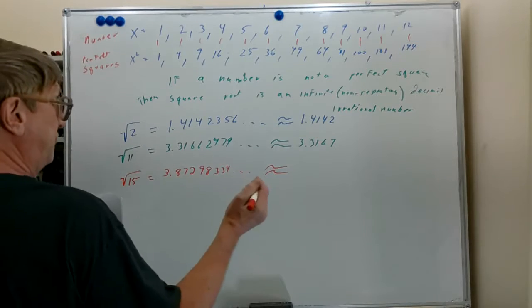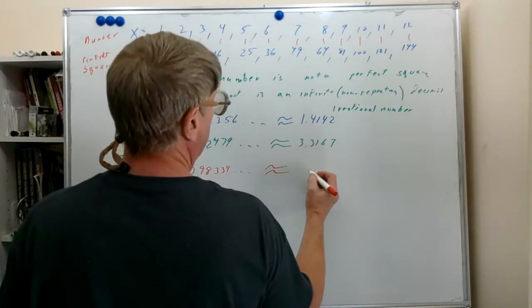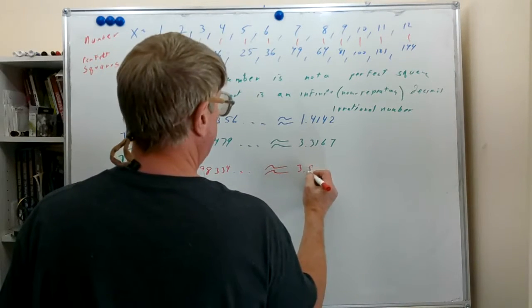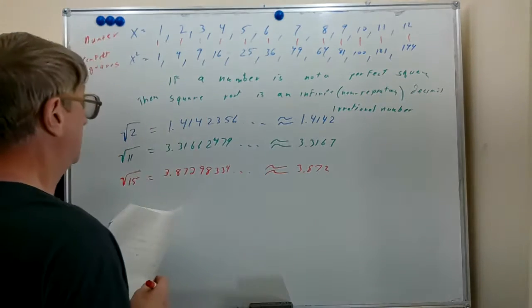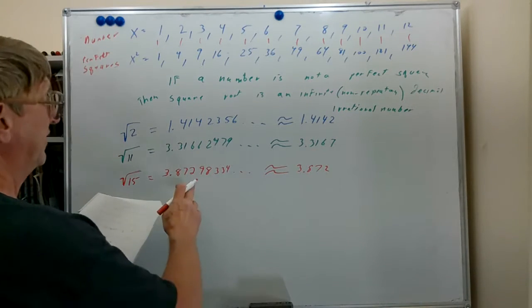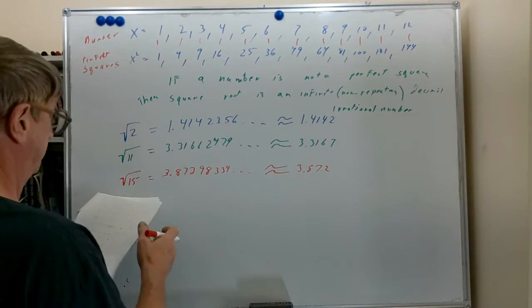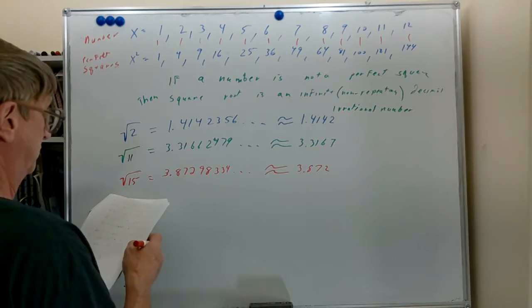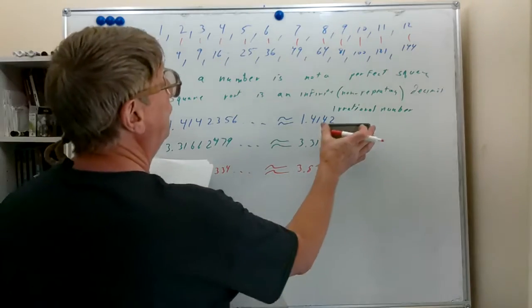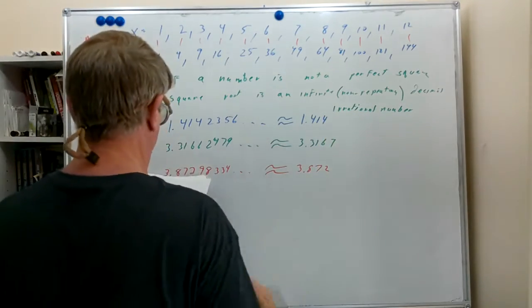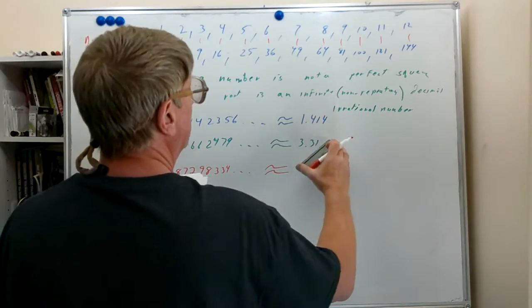We'll write down the first 3.872. And we'll make a decision on the... I only wanted to round these just to 4 digits. I didn't want to round them to 4 decimal places.